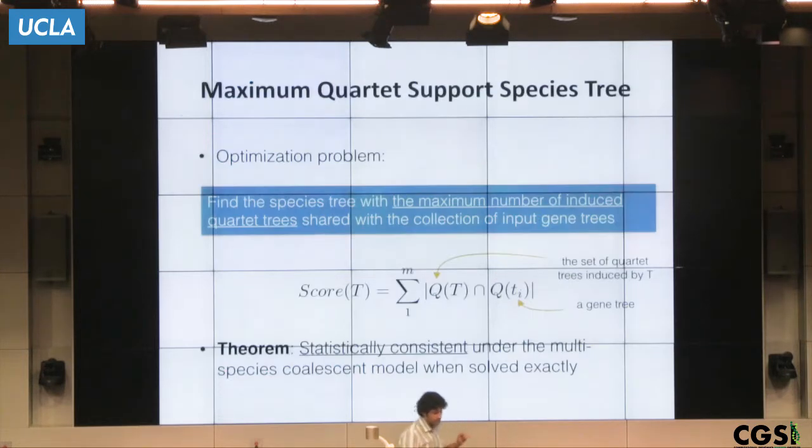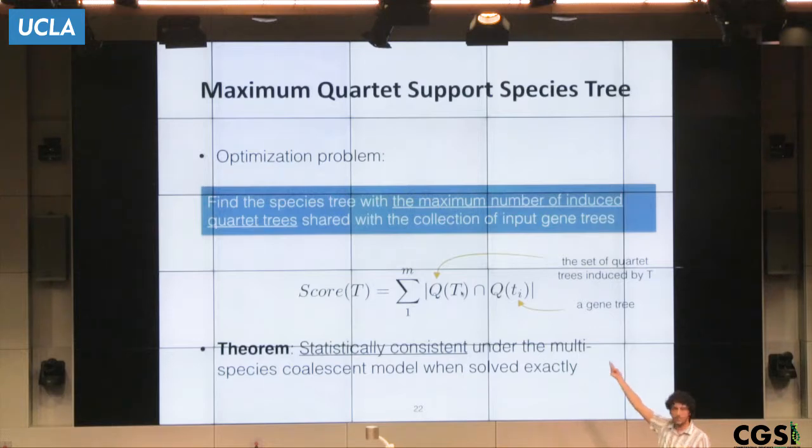So let me just rephrase that. We get to this maximum quartet support species tree problem, where your input is a bunch of gene trees. Each gene tree defines a set of n choose 4 quartet topologies. Each species tree defines a set of n choose 4 quartet topologies.